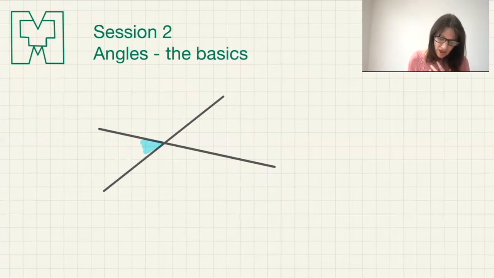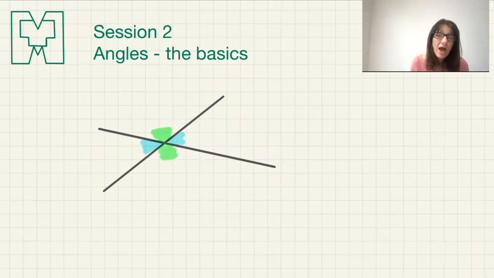If I look at the other 3 angles that I haven't highlighted yet, I can see that this one is acute. That's definitely less than 90 degrees. But the other 2 are different. They're obtuse, they are bigger than 90, they don't match.